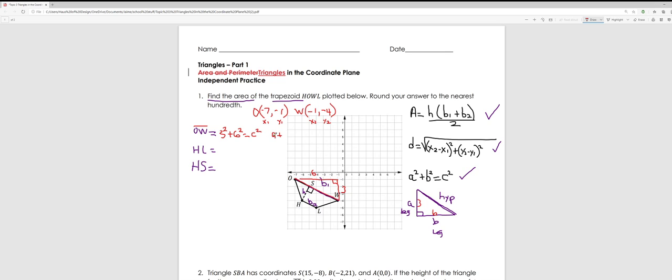And then 6 squared is going to be 36. And that's equal to C squared. Then you add 9 plus 36, which is 45. So 45 is equal to C squared. To get rid of the square, you want to square root it. So you get the square root of 45 and the square root of C squared.